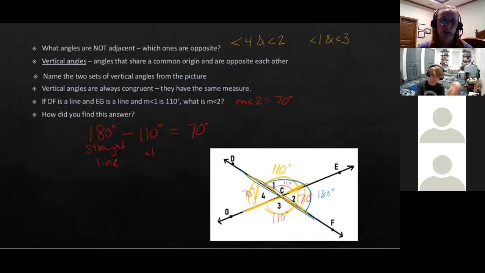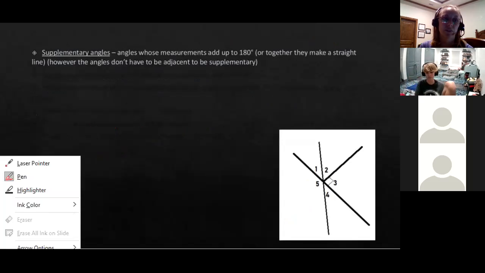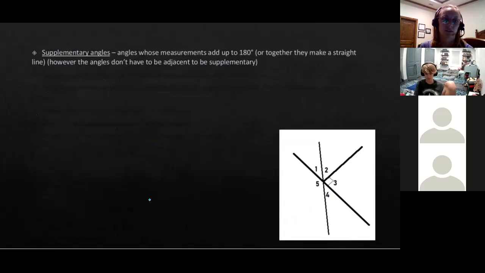Okay, one more slide, if my computer will work with me here. All right, supplementary angles. These are angles whose measurements add up to 180 degrees. Or we can say together they make a straight line. However, the angles don't actually have to be adjacent to be supplementary.